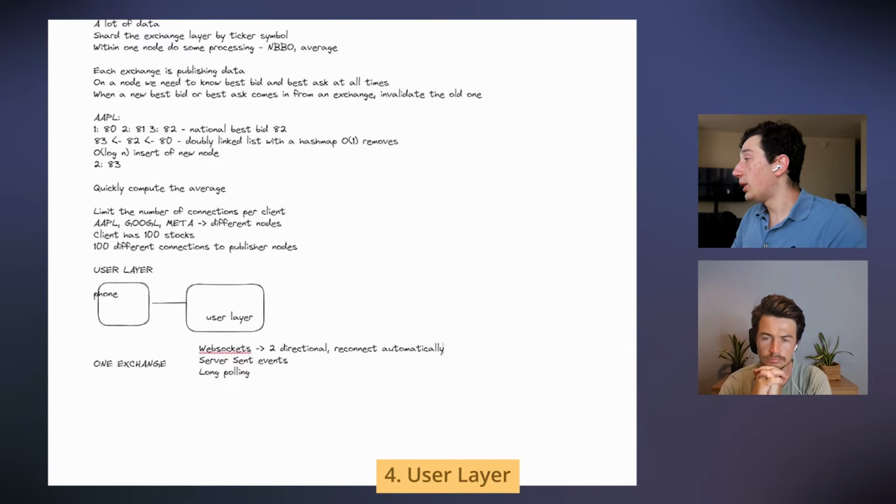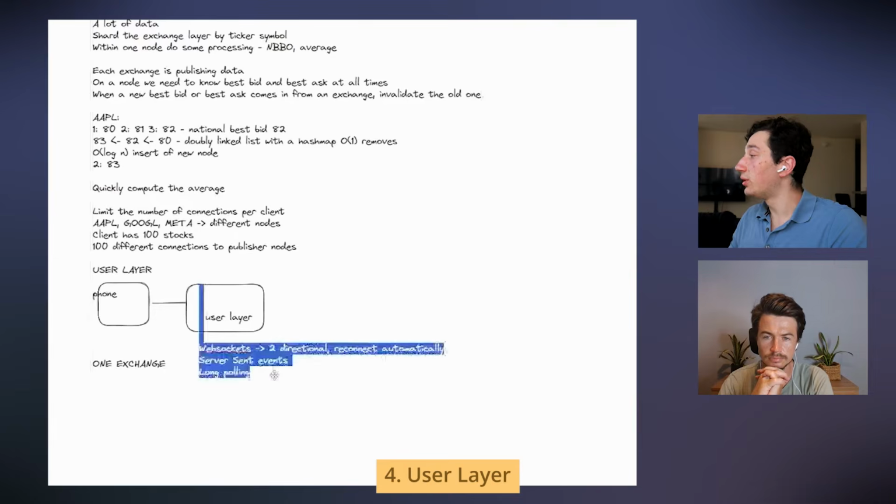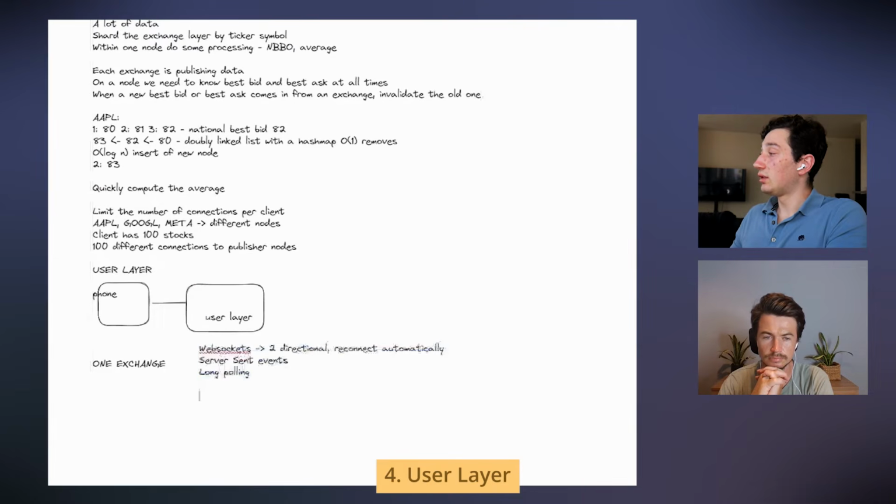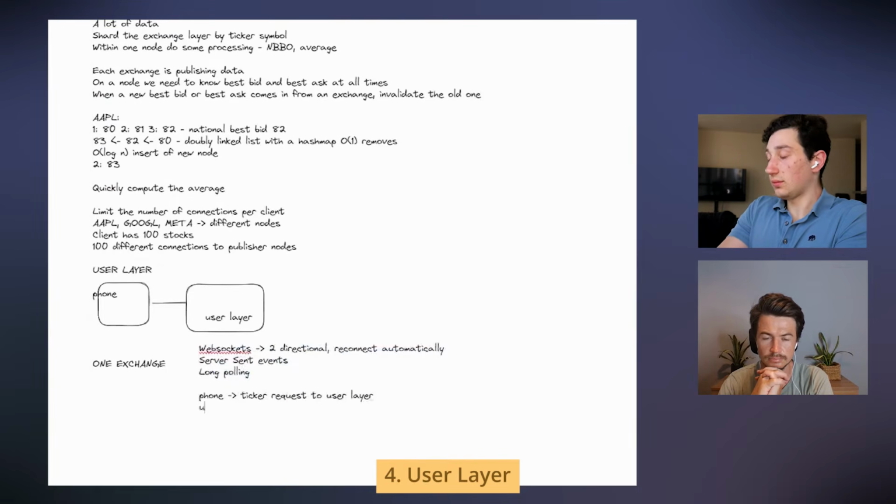The reason I care about it being two directional is that our phone is going to be sending ticker requests to the user layer, and the user layer in turn is going to be responding with the prices of the stock or the option.